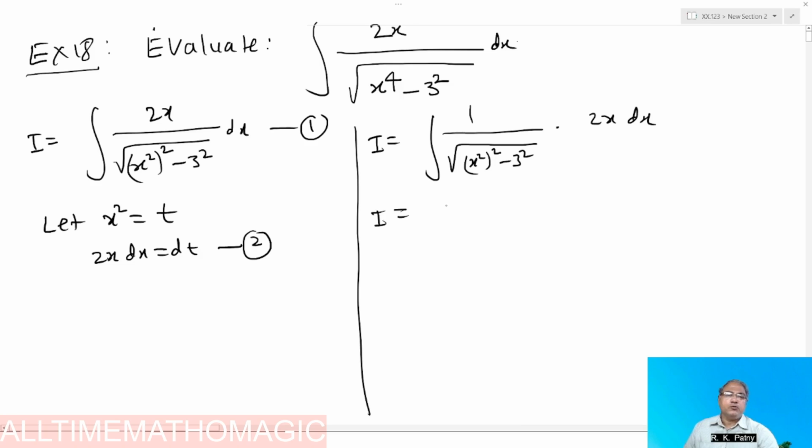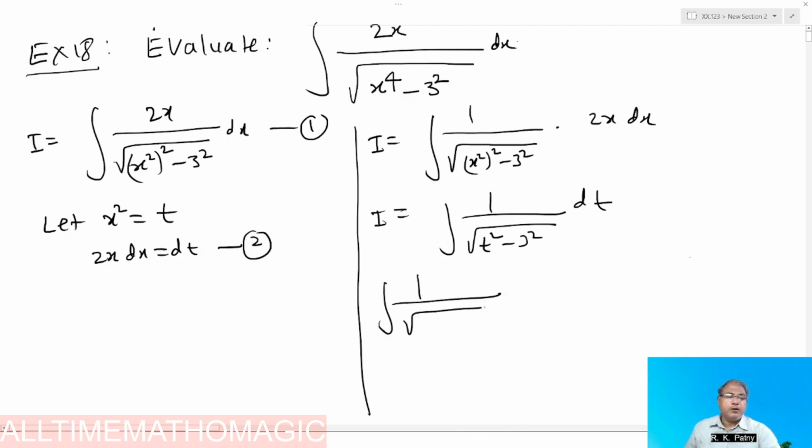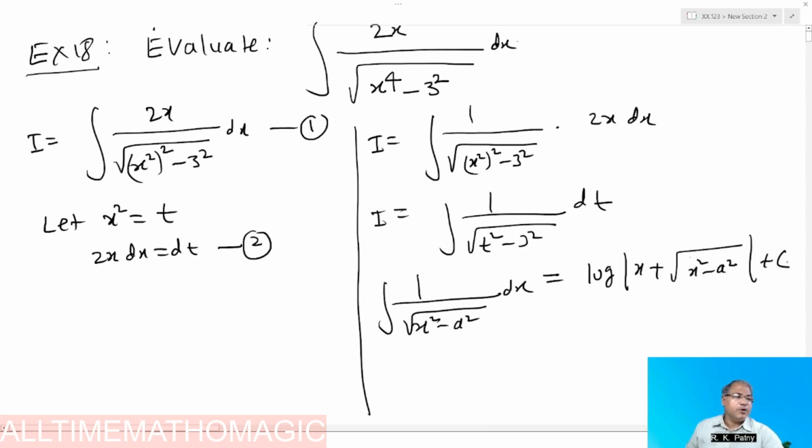From 2 and 3, it becomes 1 upon under root of t square minus 3 square, and this becomes dt. And we know that integration of 1 upon under root of x square minus a square with respect to x is nothing but log of modulus of x plus under root of x square minus a square plus c.